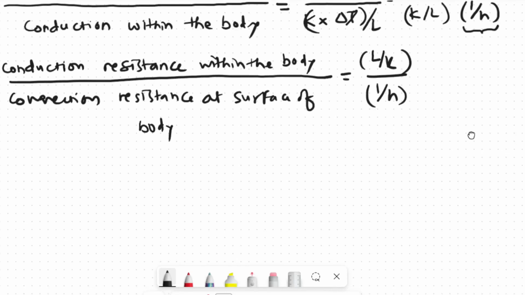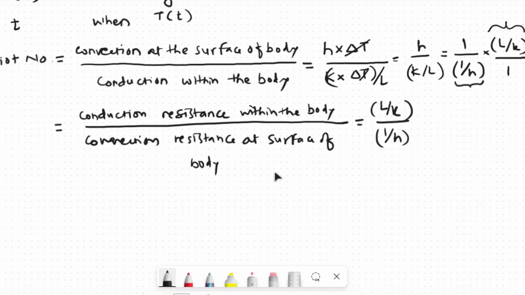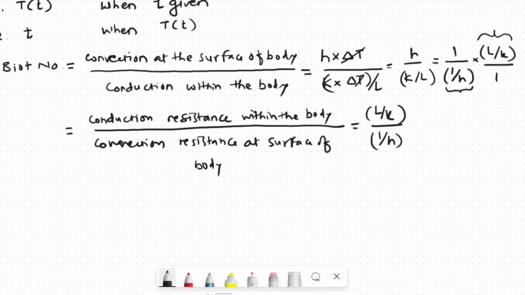Now, as I told you, this Biot number is very important in the cases related to lumped heat transfer.